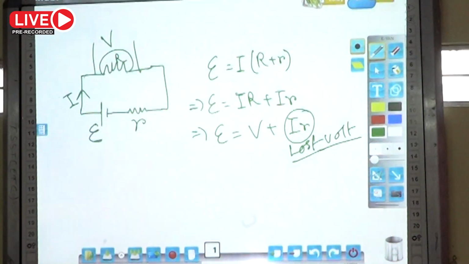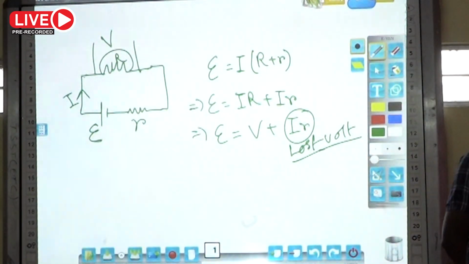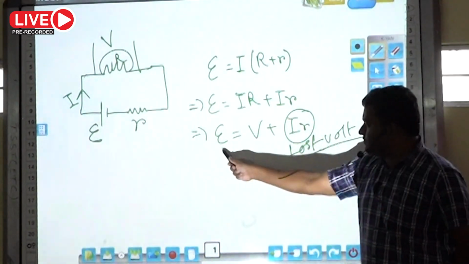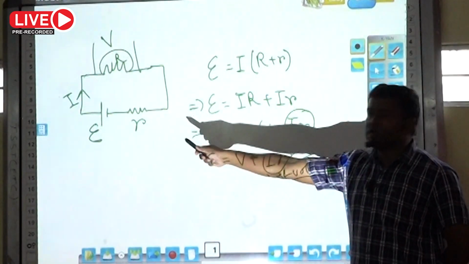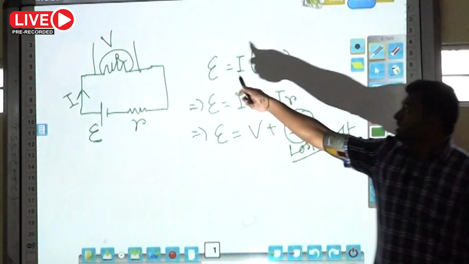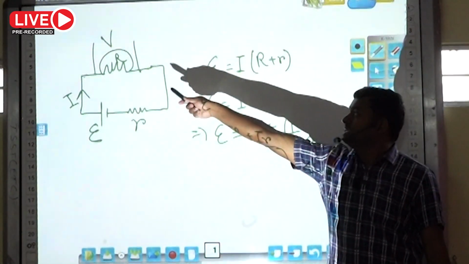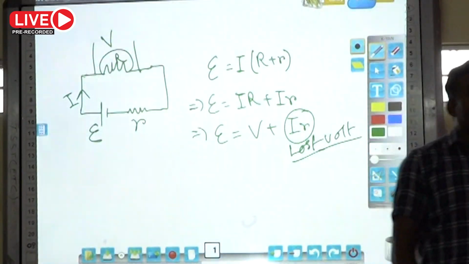Okay, now, which one is greater between EMF and potential difference? This one is EMF, this one is potential difference. So you can consider that the chemical energy stored in the cell is EMF, and the electrical energy produced across the external resistance is called the potential difference.